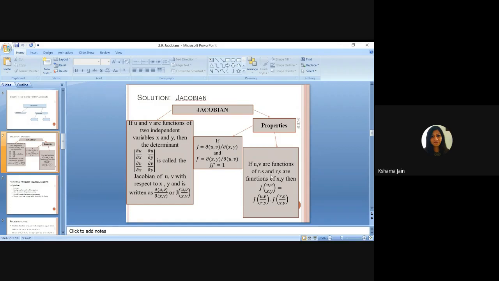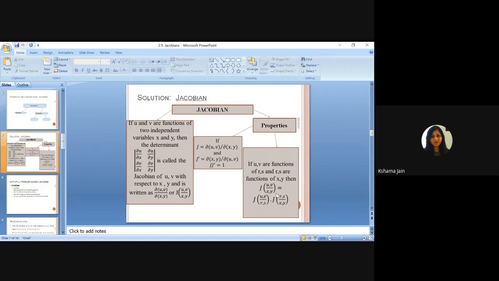And one more thing is there, which you have done in total derivatives. If u and v are not directly depending on x and y, but there is a mediator, meaning u and v depend on r and s, and r and s depend on x and y. The first variable depends on the second, the second on the third.